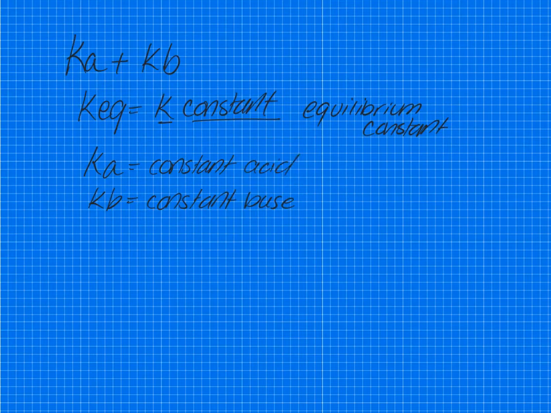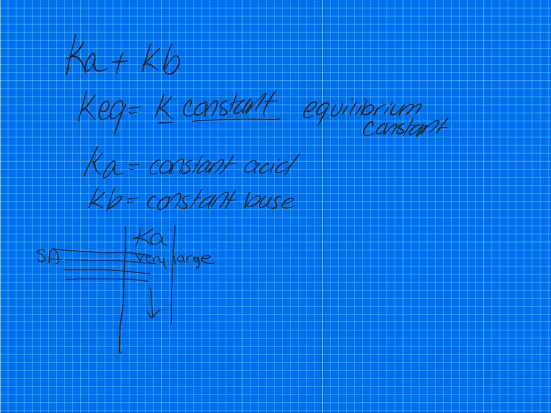So if you look at your table of acids and bases, what you'll see is that on the very last column there is a column just for Ka values, and you should see the very first 6 acids, which are very strong acids. All they will say is that they have a very large Ka value, and then there'll be numbers for the ones below it.